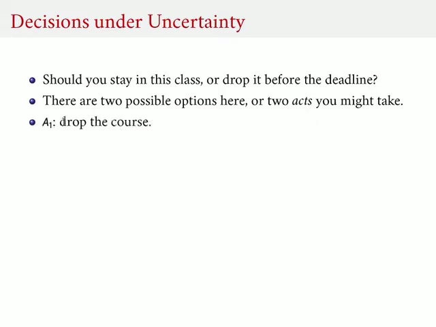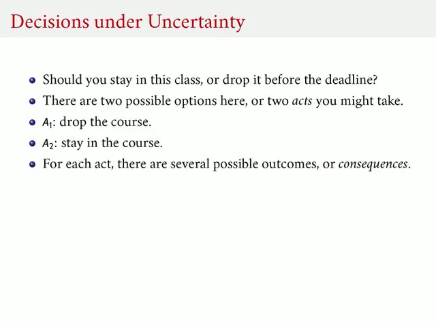So we can say that A subscript 1 stands for the action of dropping the course. And then A subscript 2 stands for the action of staying in the course. So A means action. The idea is that in this decision situation, you have two possible actions, dropping the course or staying in the course.